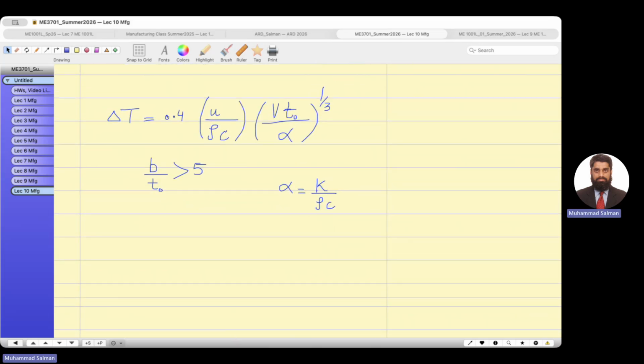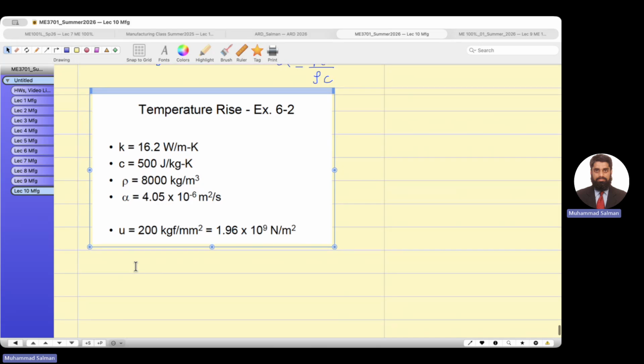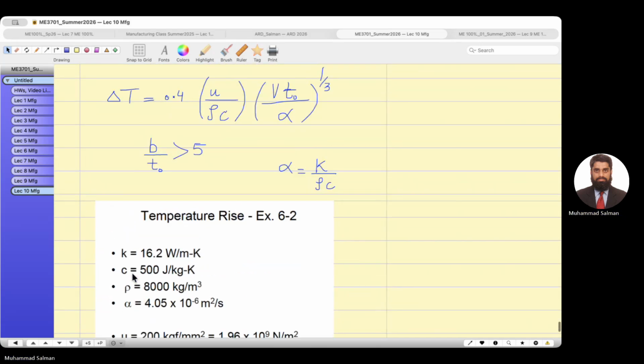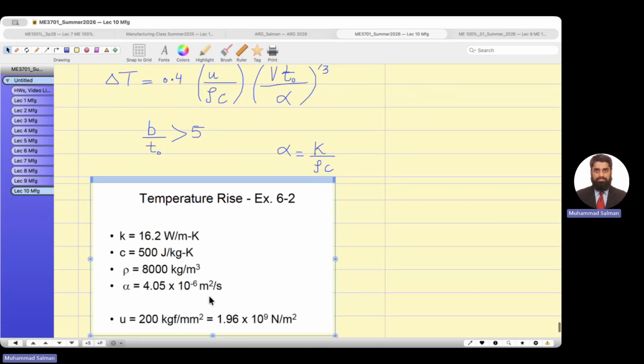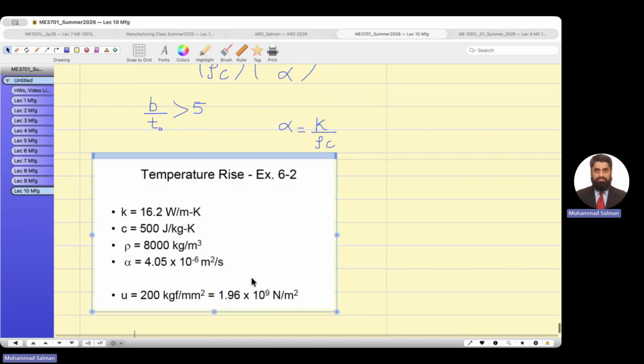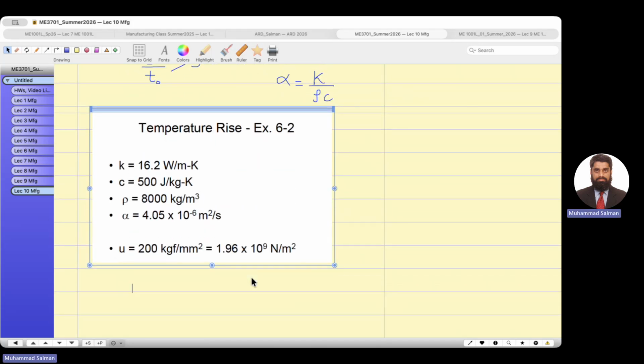Let's see the next slide, which tells me the values of these variables. Thermal conductivity is 16.2, specific heat capacity 500, the density 8000, and alpha, the thermal diffusivity, is given.